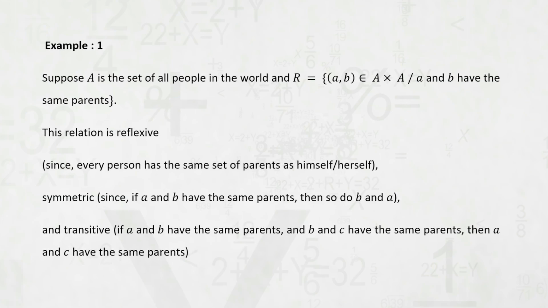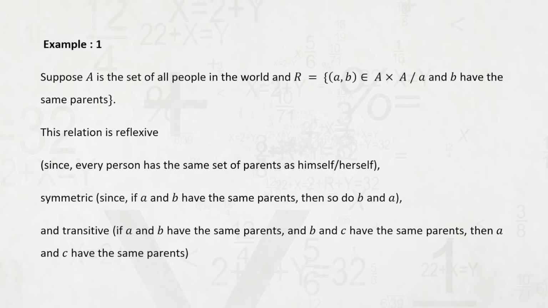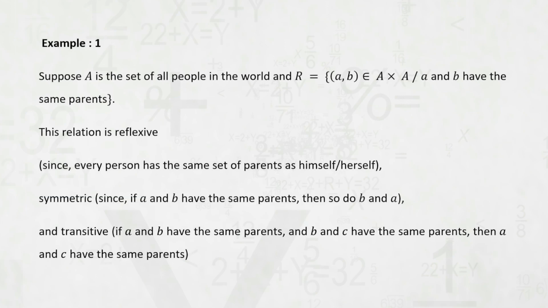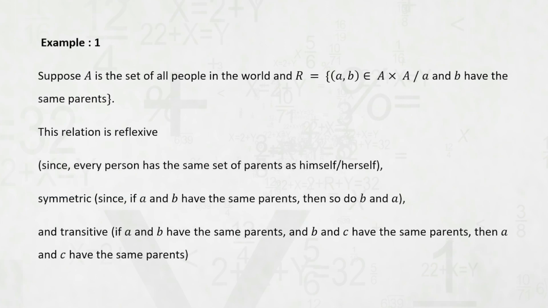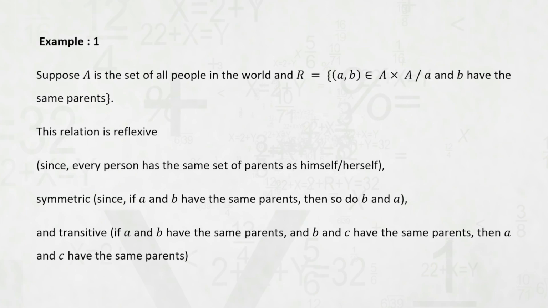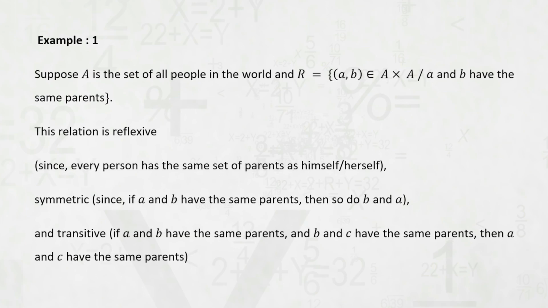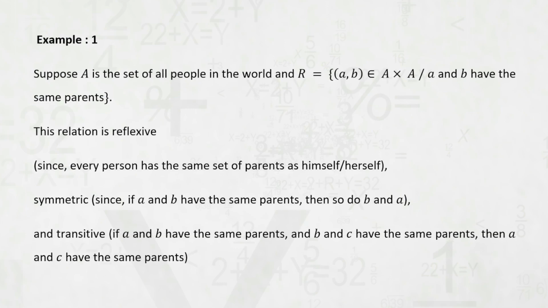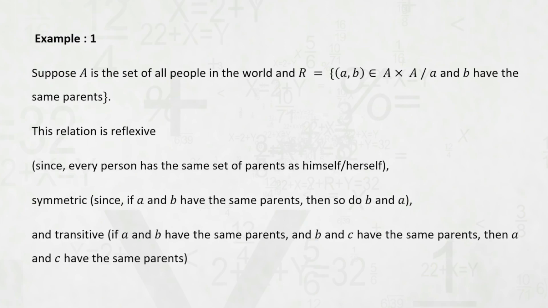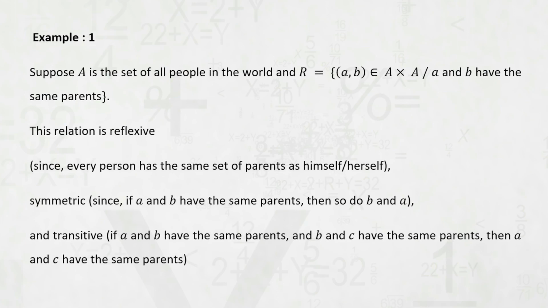This relation is reflexive since every person has the same set of parents as himself or herself, symmetric since if a and b have the same parents, then so do b and a, and transitive, if a and b have the same parents and b and c have the same parents, then a and c also have the same parents. So, R is an equivalence relation.